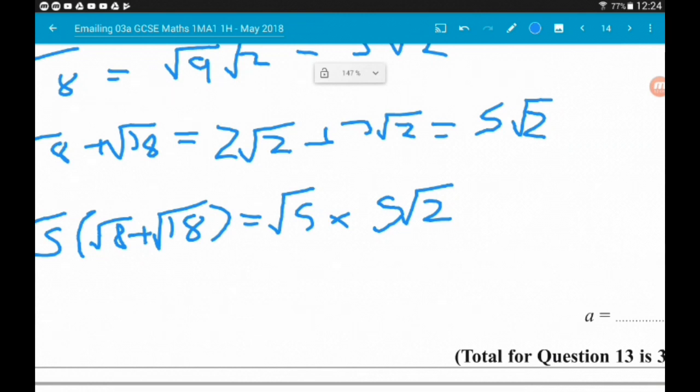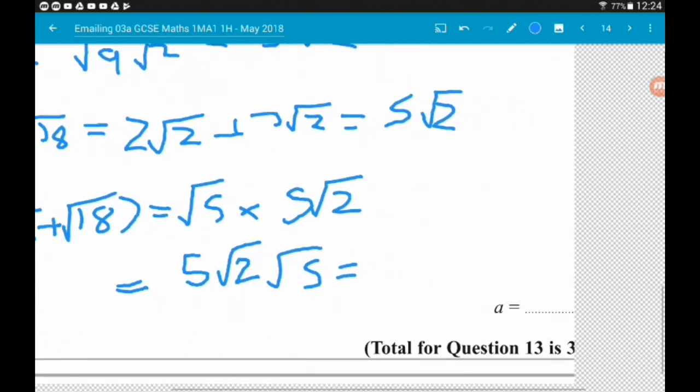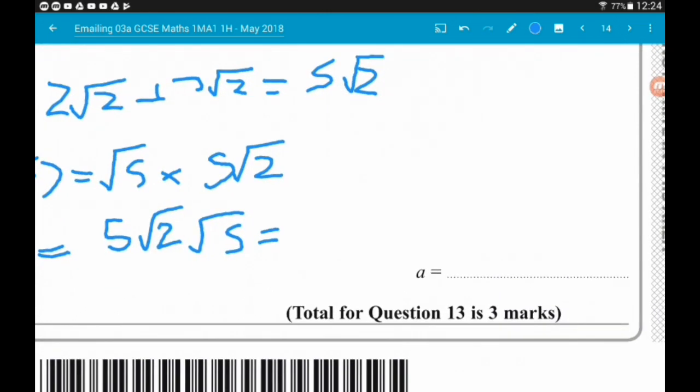So we can write that as 5 root 2 root 5, which we can then combine root 2 root 5 to give us root 10. So it's 5 root 10, so a is 5.